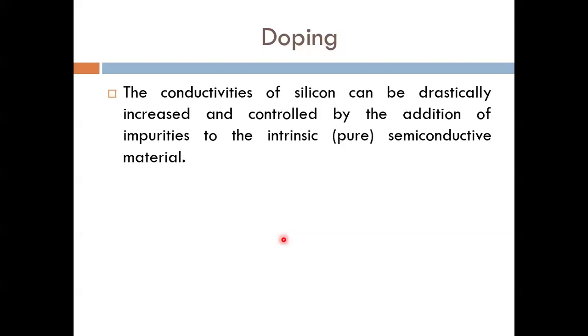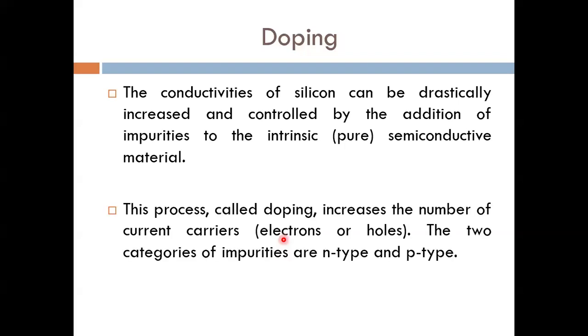So the conductivity of silicon can be drastically increased and controlled by the addition of impurities to intrinsic or pure semiconductor material, and this process is actually called doping. As a result there is an increase in the number of charge or current carriers, either electrons or holes.